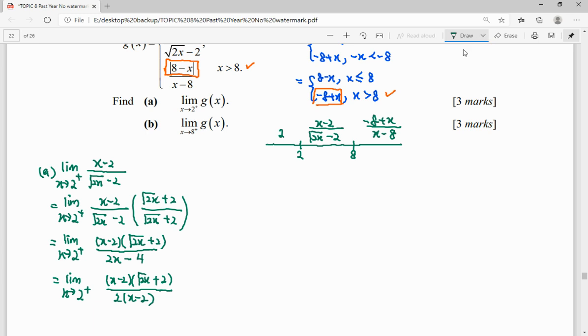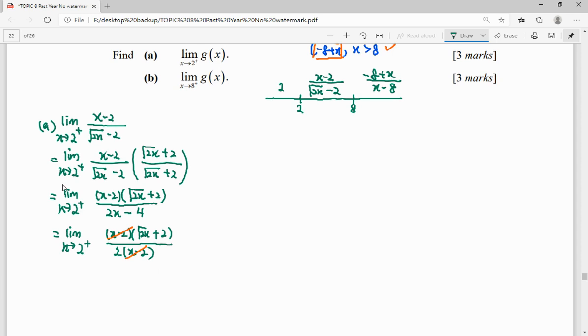You can see now we have the same factor x minus 2, which can be simplified. After we simplify our function, we substitute our limit again. As x approaches 2, we substitute the value of 2, and then we can find our answer, which is 2 times 2 plus 2 over 2. That will be our final answer.